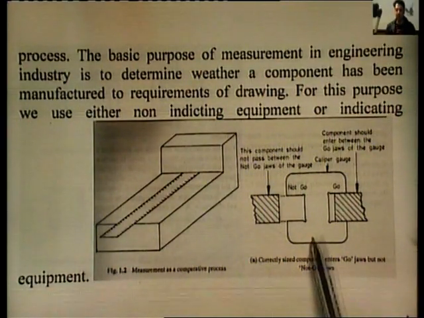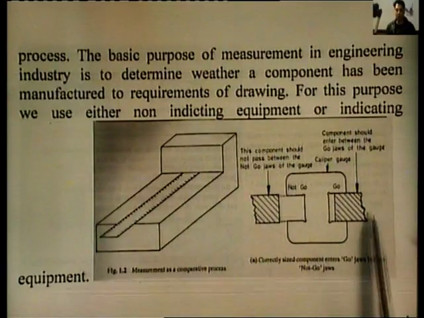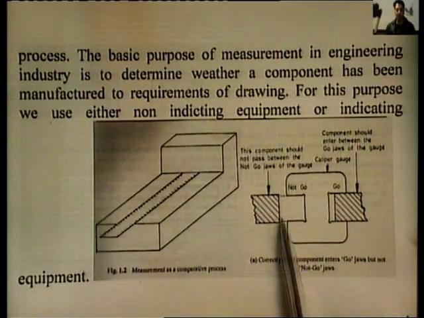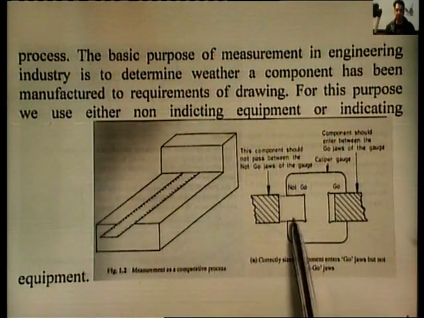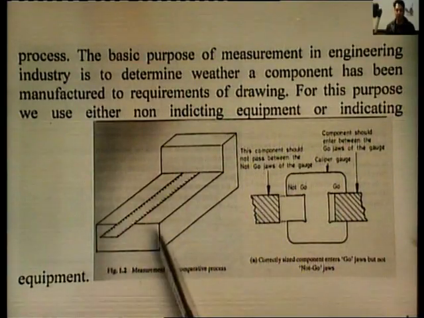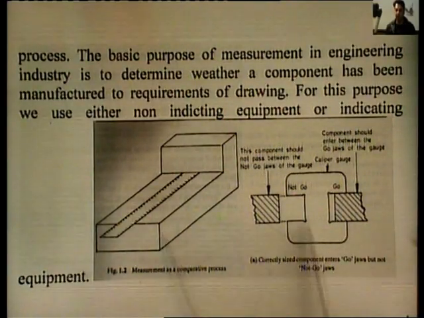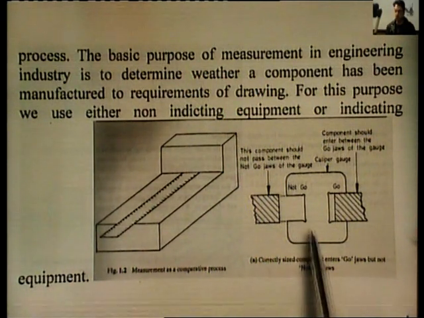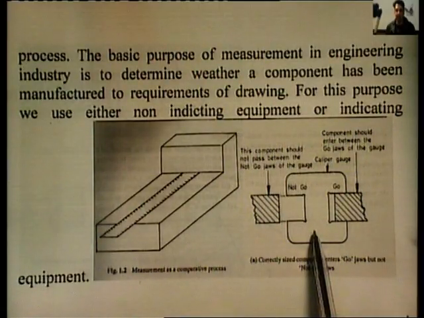For a component to pass the test, it should go into the go side, while it should not enter into the not go side. So these are the two ways of making measurements. In one we are getting a numerical value. In the other one, the method is very quick for accepting or not accepting the component, and over here we do not have any numerical indication.